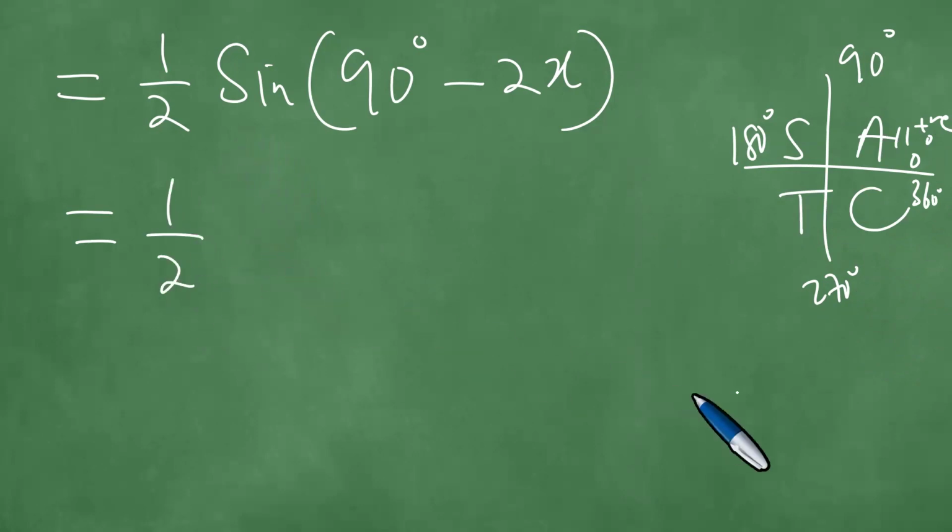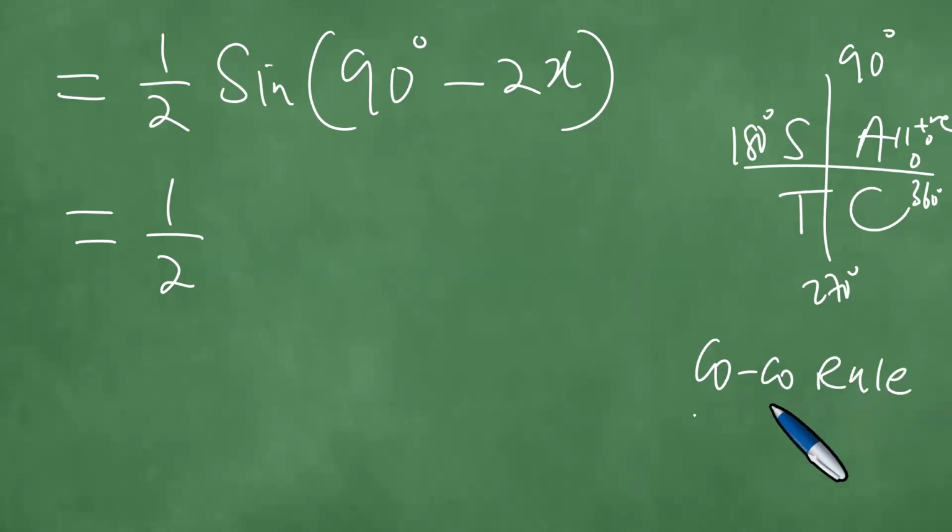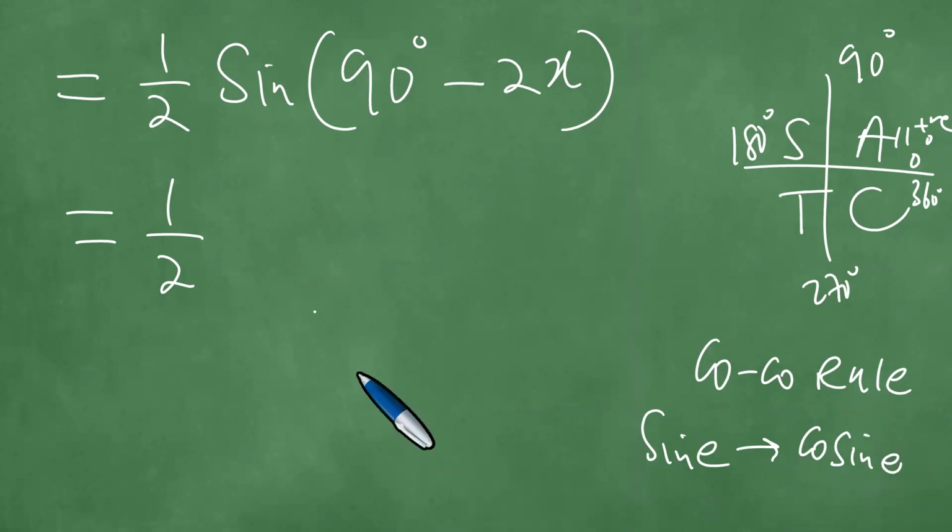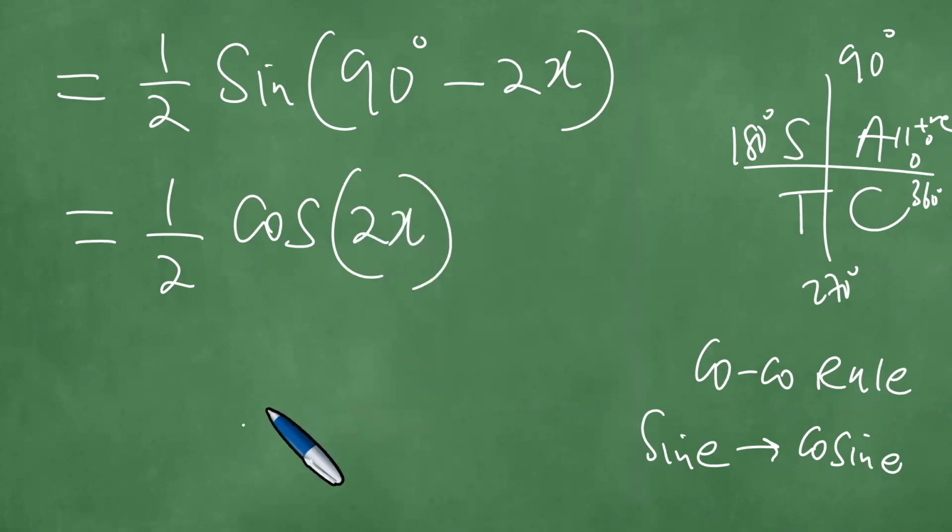And using what we call the CO-CO rule, we're able to convert the sine to the cosine function, so that here we indeed have the cosine of twice x, like so. Right, so we have this exactly.